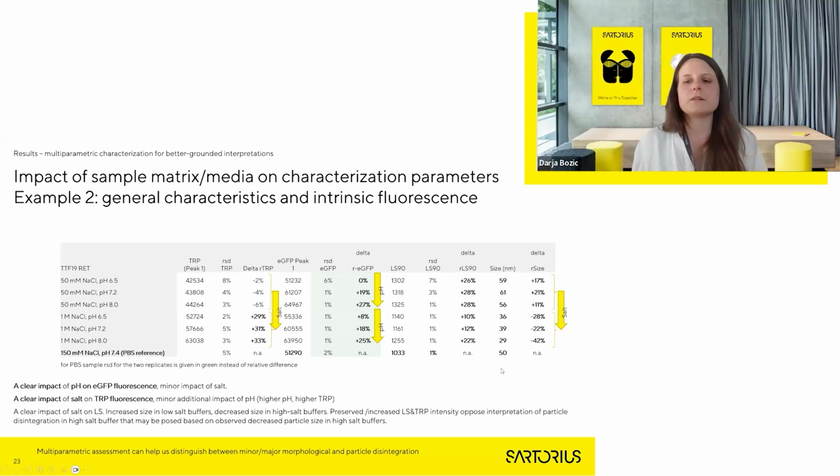If we observe a decrease in size, we would expect a decrease in light scattering intensity as well, if the decrease in size is the consequence of degradation.